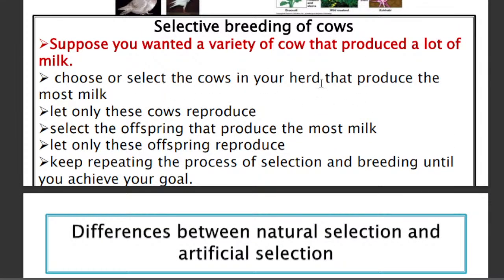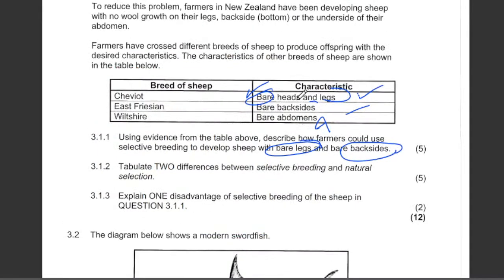Choose the cow in the herd that can produce the most milk. Choose the sheep that can have bare legs, and also bare backside, these two, because they asked you how to use the evidence to describe how the farmer could use it. So we select this and this because they have these desirable characteristics.